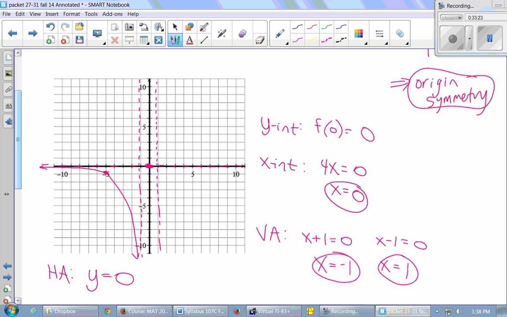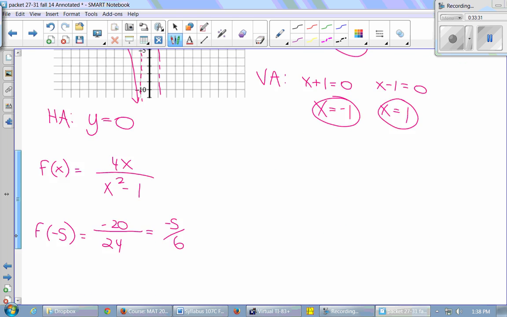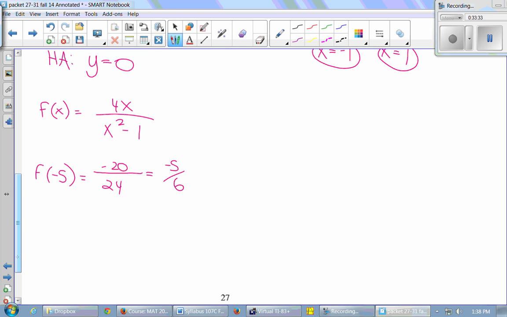All right, now I need to know what it does in the middle here. So I would need to plug in a value between, say, -1 and 0, like -0.5. So do f of -0.5. So 4 times -0.5 is -2. And -0.5 squared is 0.25. Minus 1 is -0.75.